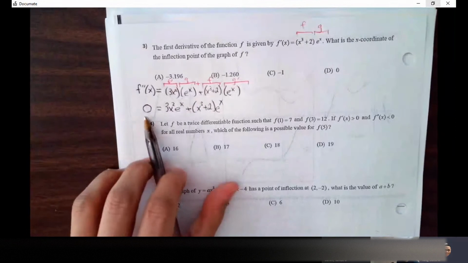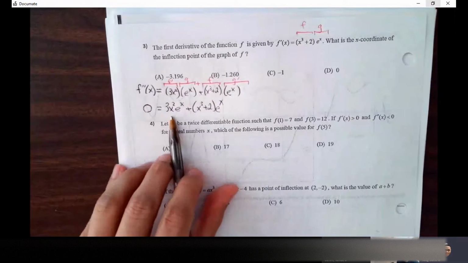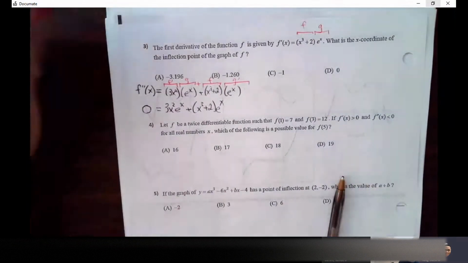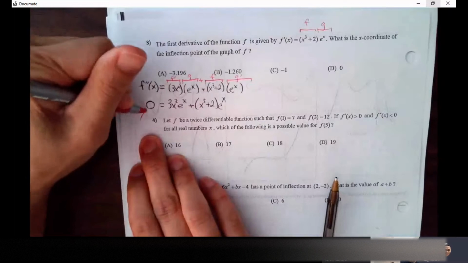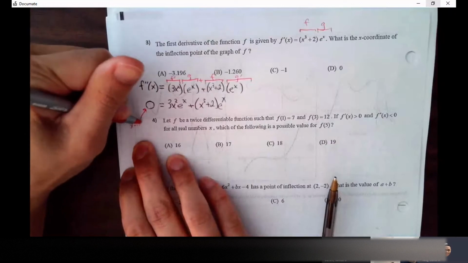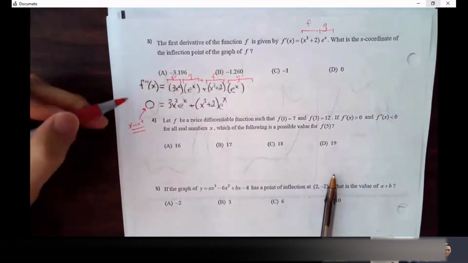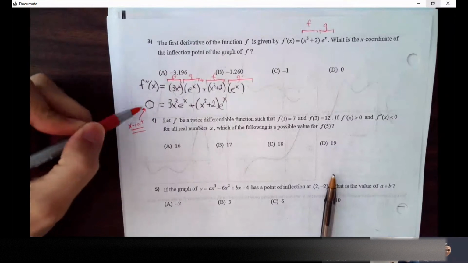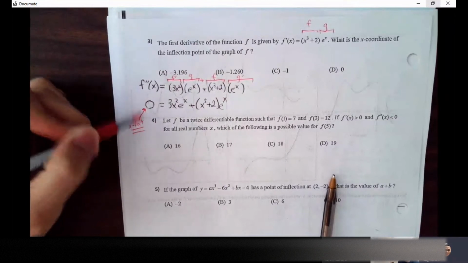And if it crosses the x-axis in a way where there's a change in sign at that x-intercept, then we know there must be an inflection point there. So we're going to look for an x-intercept, but we're also going to make sure that there's actually a change in sign. So it's got to cross over the x-intercept.